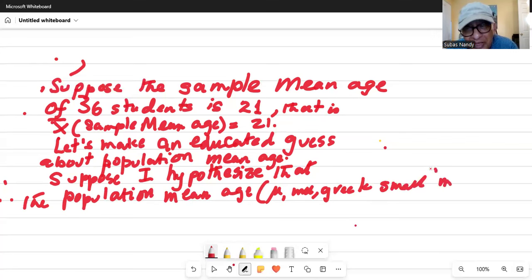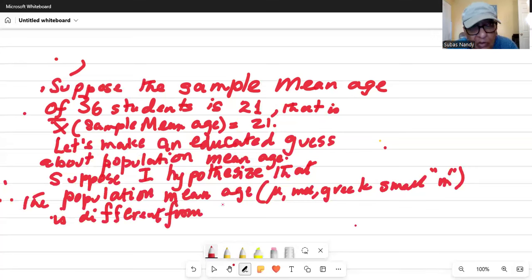M for mean, okay? That's why it is used, is different from 21. Okay?